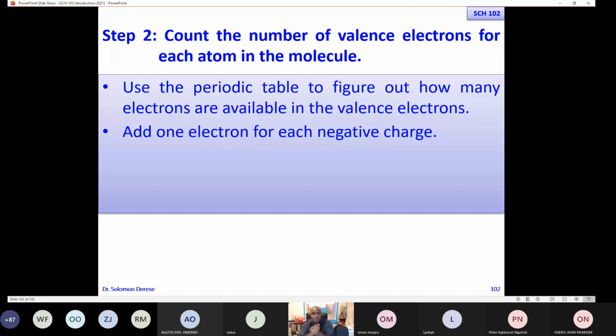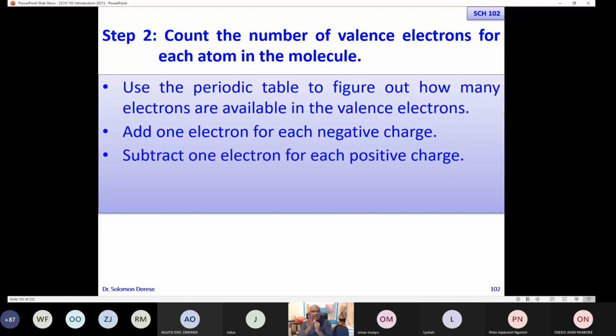On that one, you add 2. Because the charge on the sulfate became -2, it has gained 2 electrons. But if it is positively charged, it is positive because it has lost electrons. So from the total valence electrons which you have added, you subtract 1 electron for each positive charge. If it is +1, subtract 1.